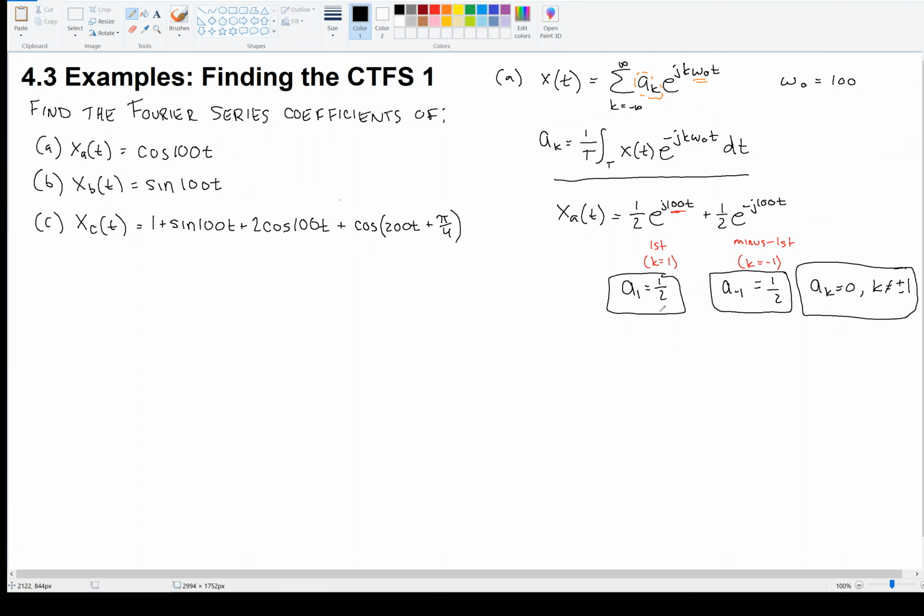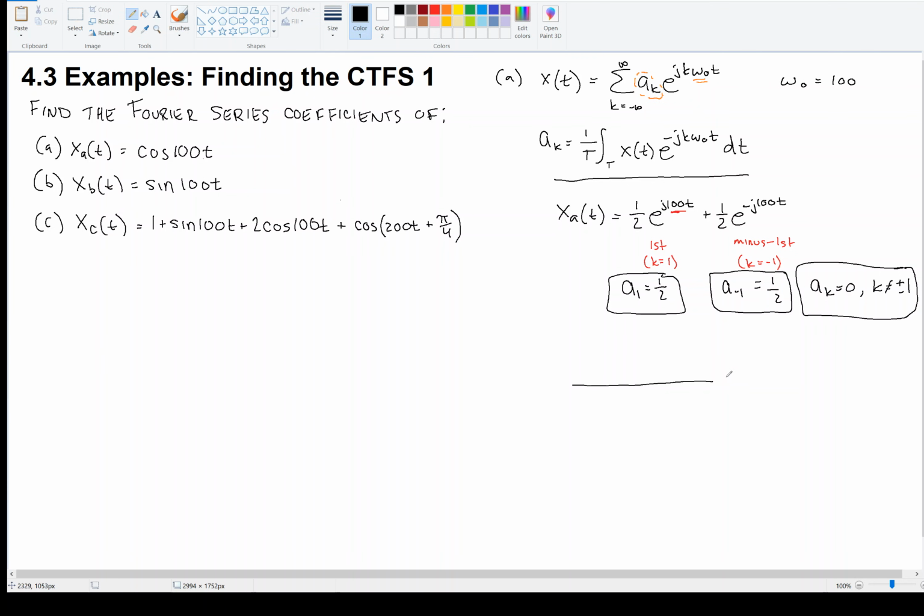Now, previously we said that these A's can be complex. And so in order to plot complex numbers, we need two plots. Usually the real part and the imaginary part, or the magnitude and the phase, right? Being that these are purely real, I guess we only really need one plot in this example.